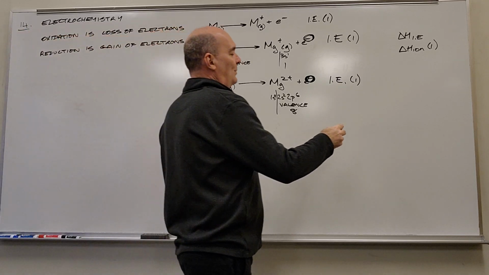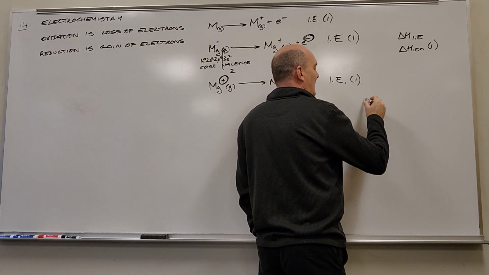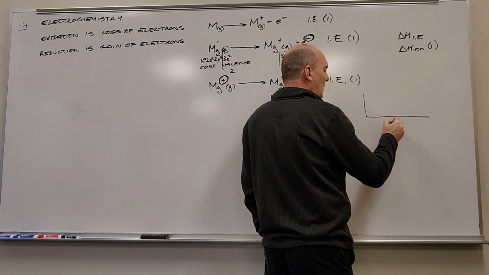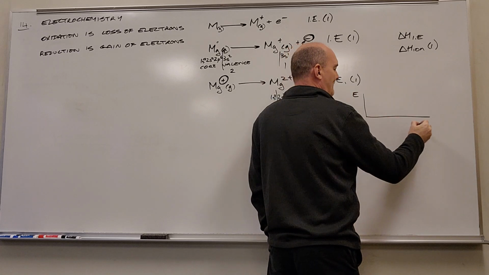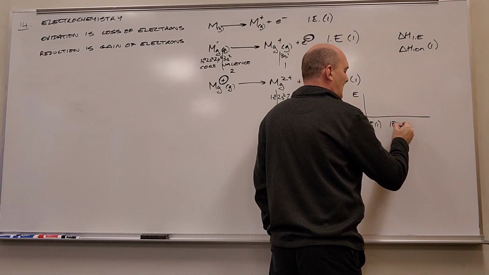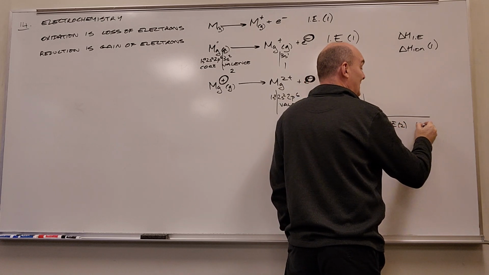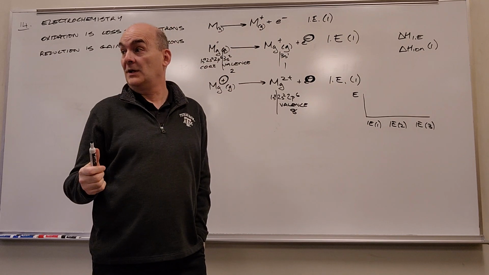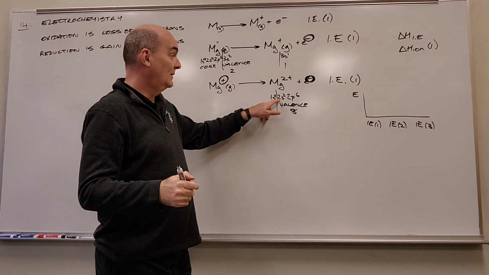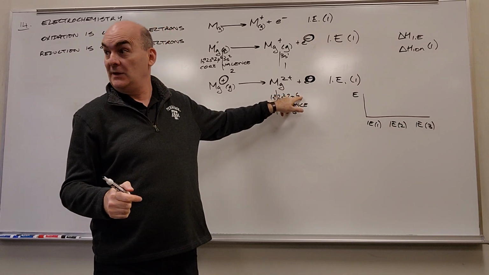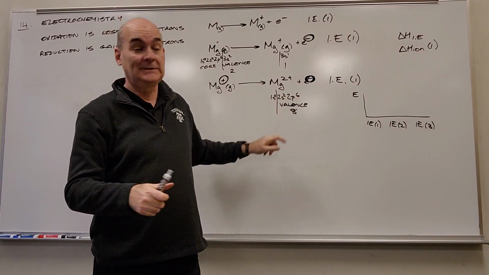So if we were to plot, and I don't remember numbers, I kind of just made this up on the spot, ionization energy 1, ionization energy 2, ionization energy number 3, which would make a magnesium 3 plus, which would then be 2s2, 2p5, and break my octet.